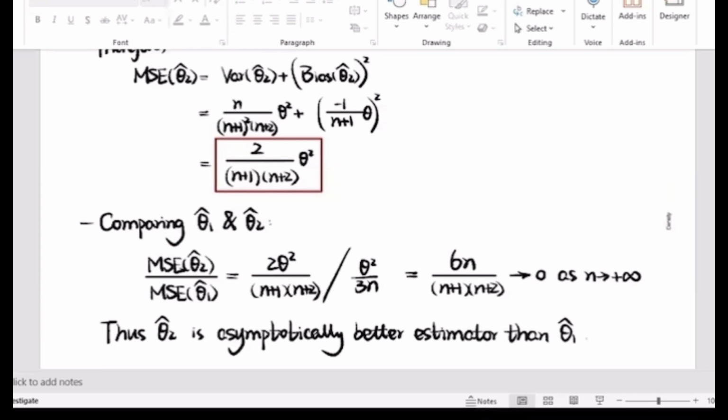Because the way it is, it will be difficult to tell which one is smaller. Because look at the expression. I understand what you mean. Let's say, for instance, you get a value that you can see. You'll be able to know this mean square error is smaller than this. Oh, this is better. But right now, there's no way to tell until you simplify and test for the sample size. Does that make sense?